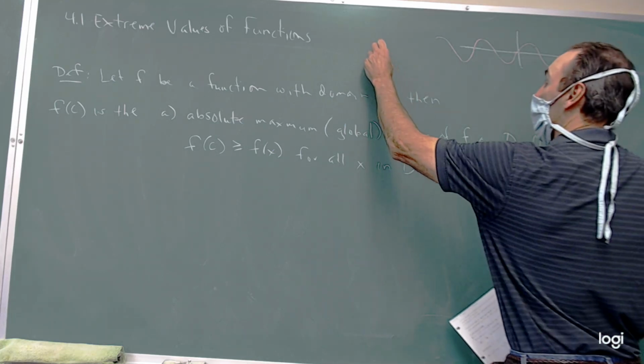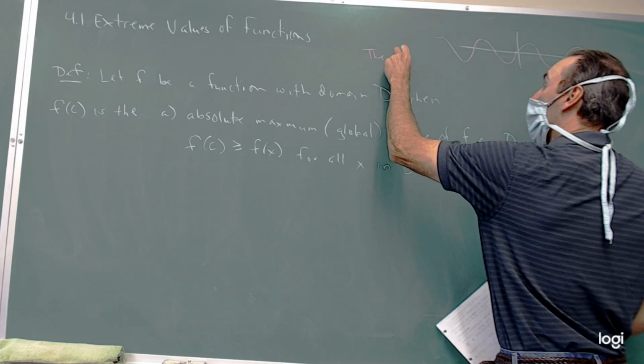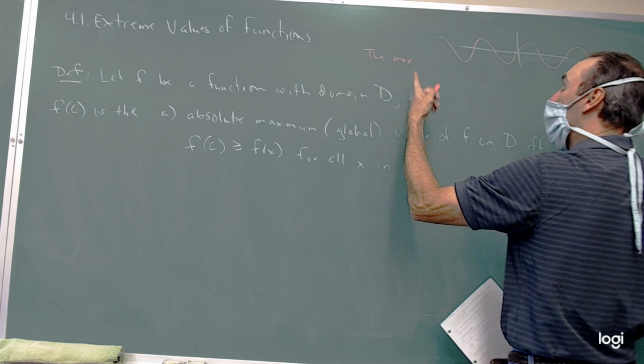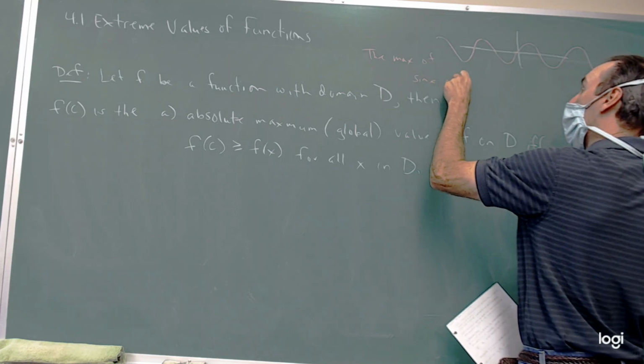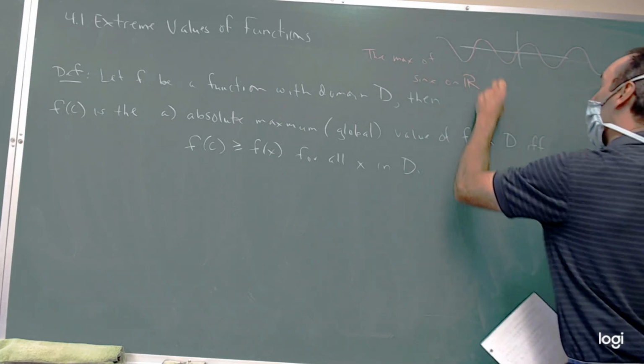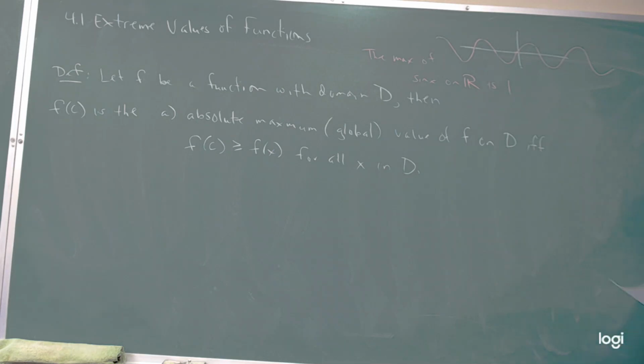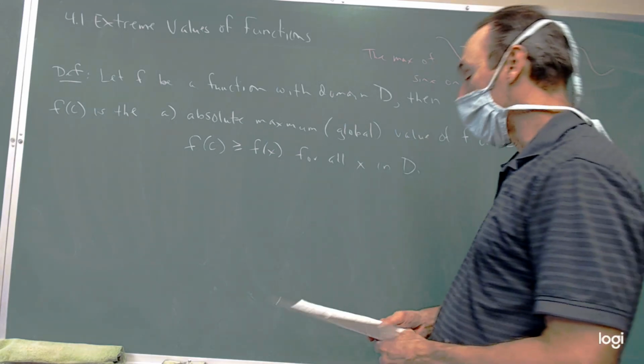So we would say the maximum, or the global maximum, or the absolute maximum of sine x on the domain of all real numbers is 1. It's that y value. It doesn't have to be unique, in the sense that it occurs only once. There's only one maximum, or possibly none. And we'll talk about that too.